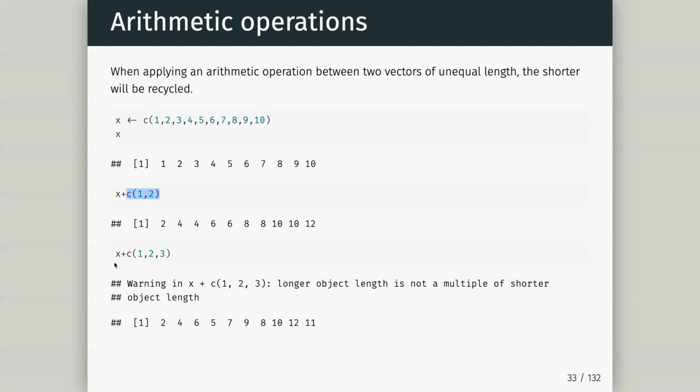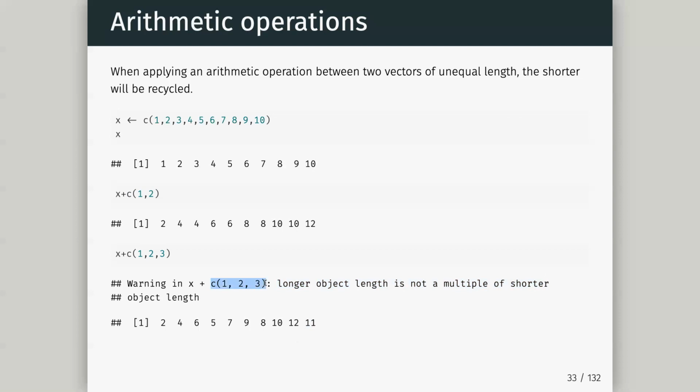If I make it hard for it by giving it 3, and it's not going to fit into my vector of 10, it's going to give me this warning: longer object length is not a multiple of shorter object length. And it's probably telling me that you really shouldn't be doing that. Do you really expect a sensible result? What it's done is it's tried to recycle, but then it's got to the end and it hasn't got enough to fit in 3 and 10.